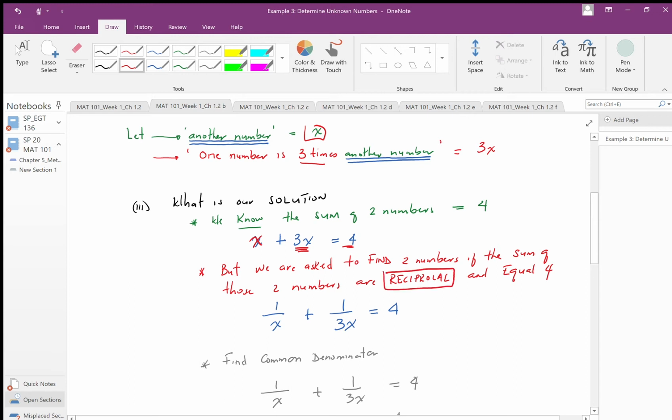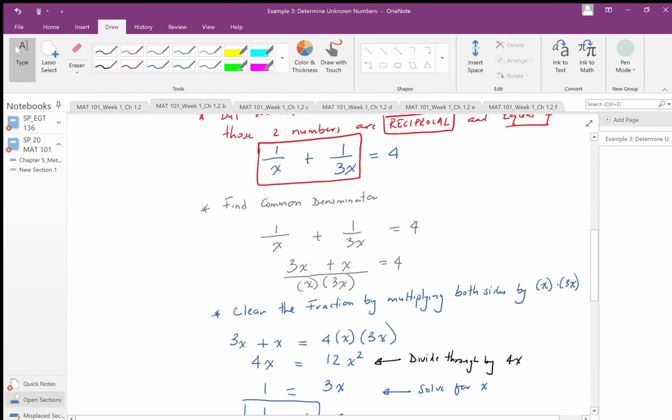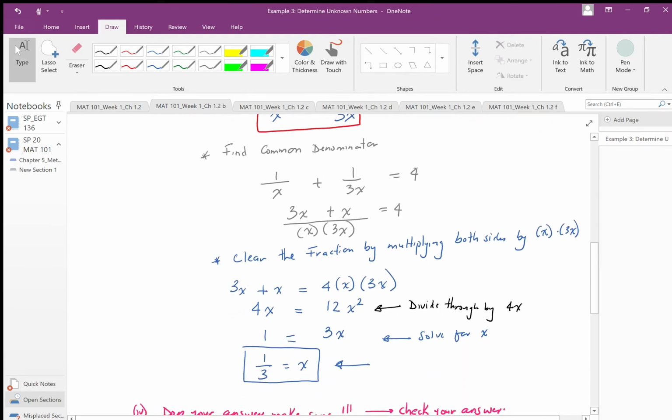These two numbers that we add together are reciprocals, and they equal 4. So we have to change their formation into reciprocal form. Instead of x plus 3x, it's going to be 1 over x plus 1 over 3x. And then here we can do the algebraic equation. And then we get x equals 1 over 3.